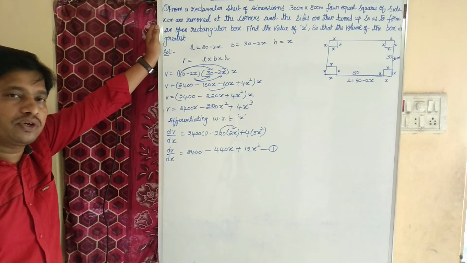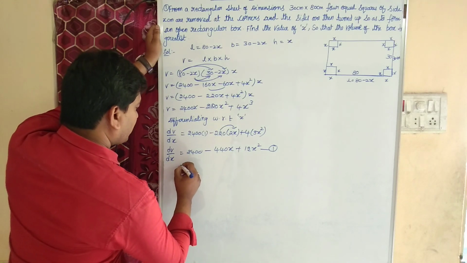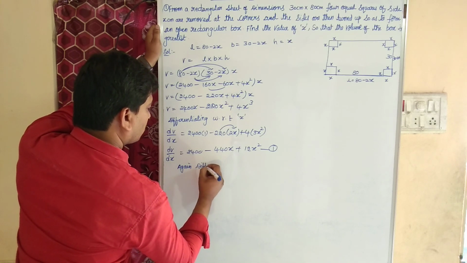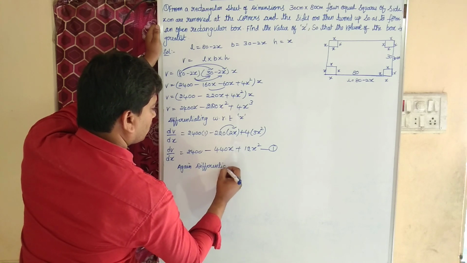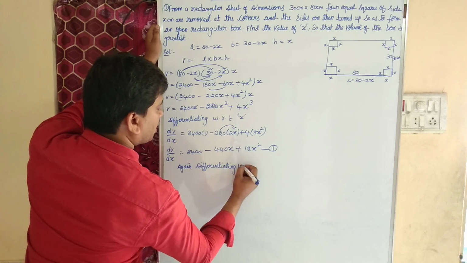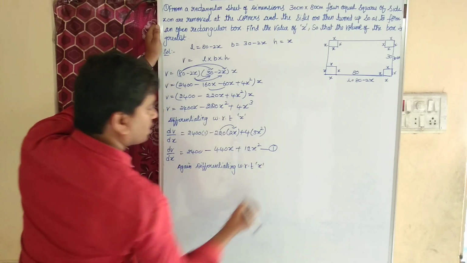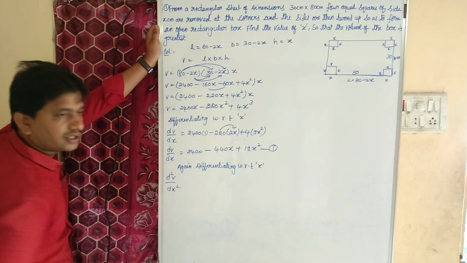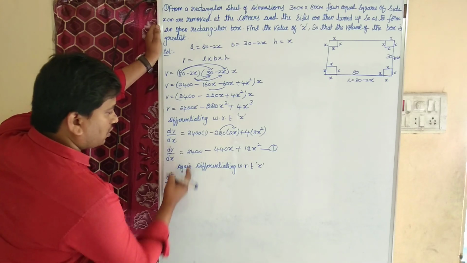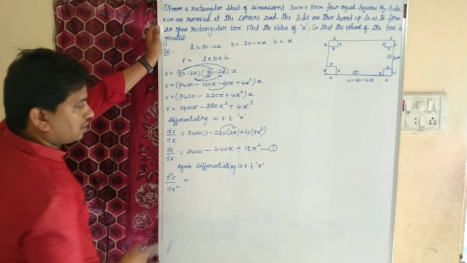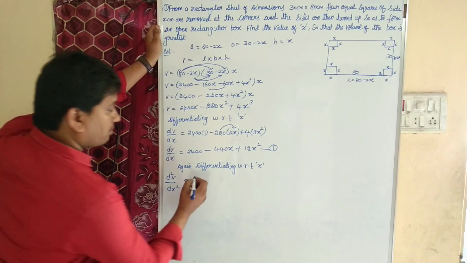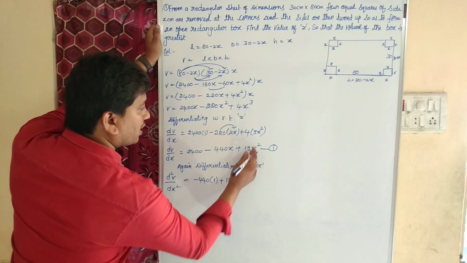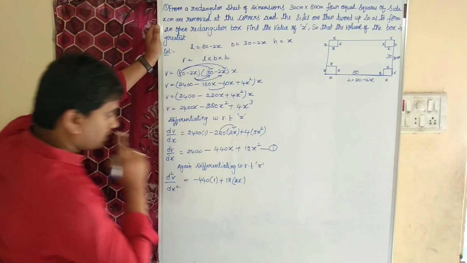Again differentiate with respect to x, children. Differentiating with respect to x, this will become d square v by dx square, second order derivative, equal to, as 2400 is a constant, constant derivative is 0, minus 440 into x differentiation 1, plus 12 into x square differentiation is 2x.